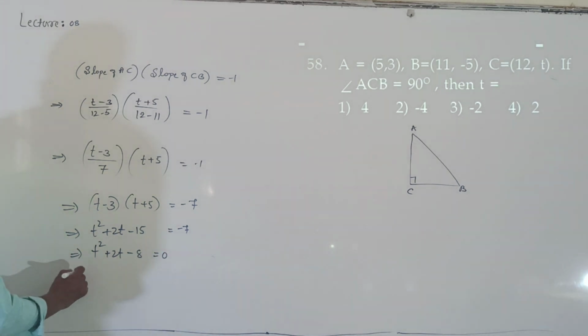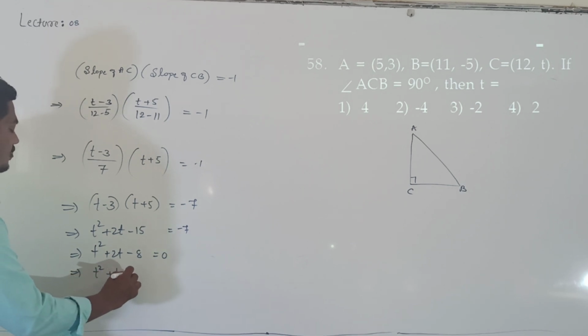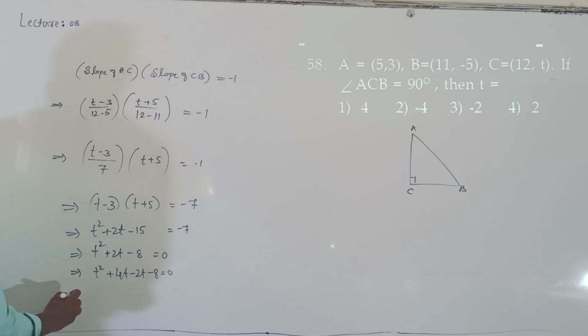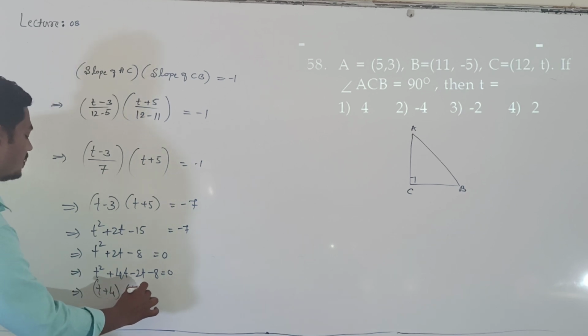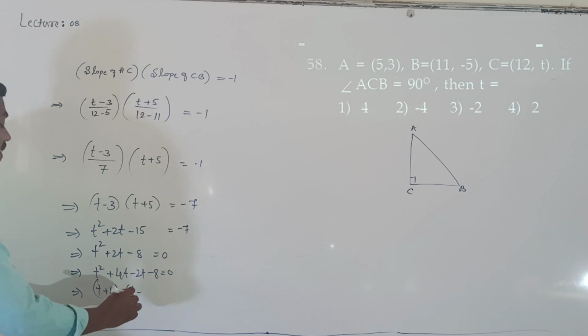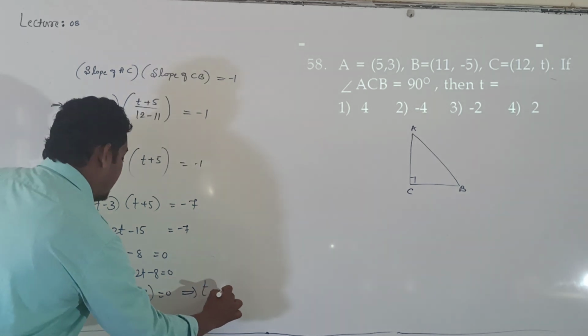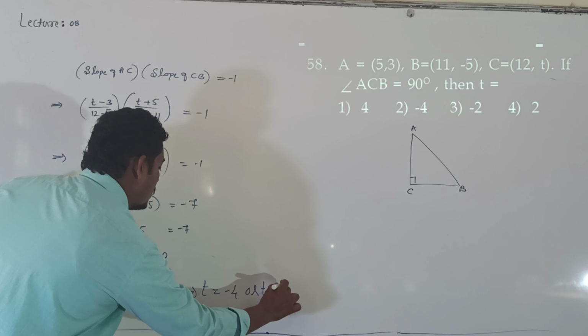Now factorization: t square plus 4t minus 2t minus 8, that's equal to 0. Then the factors are (t plus 4) into (t minus 2), that's equal to 0, implies t is equal to minus 4 or t is equal to 2.